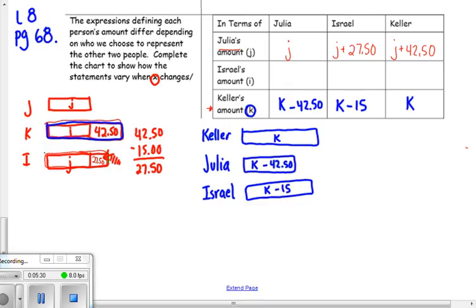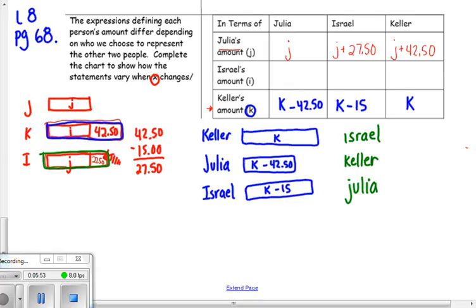Now, if we say that Israel earned this amount, this will be the amount that Israel earned. So we'll make a bar for Israel. We'll make a bar for Keller, and we'll make a bar for Julia.